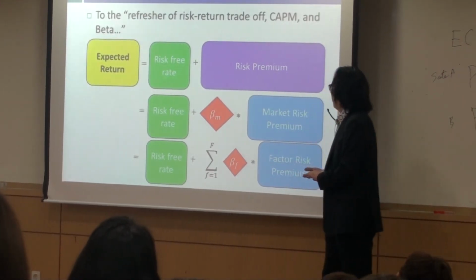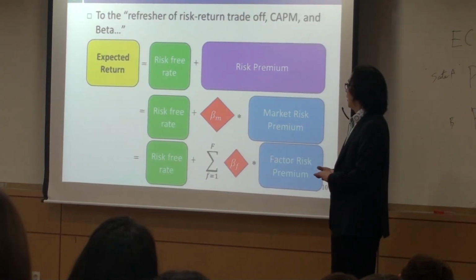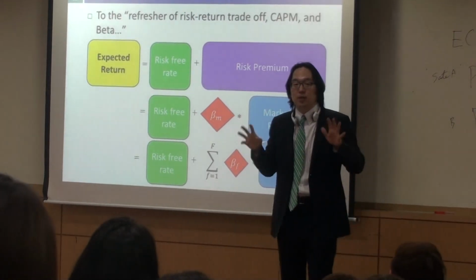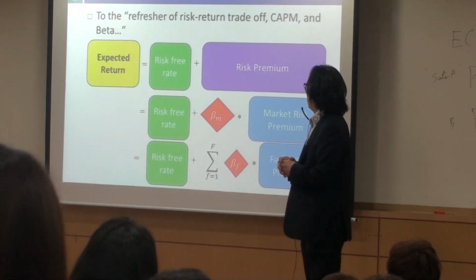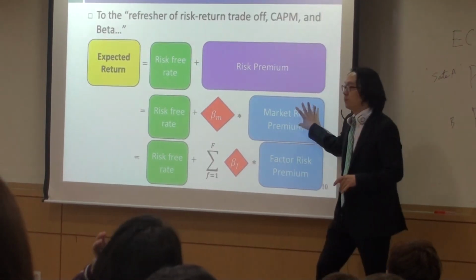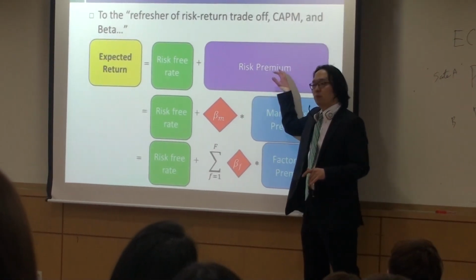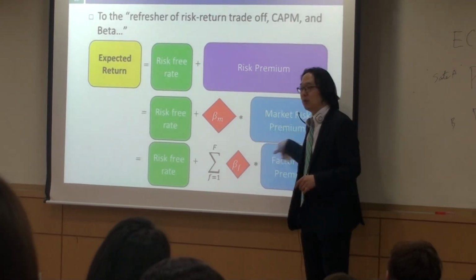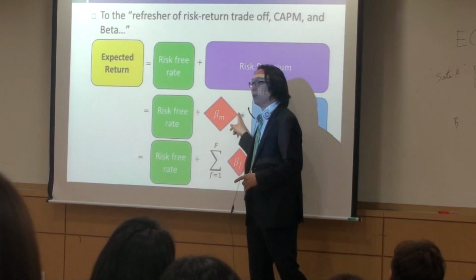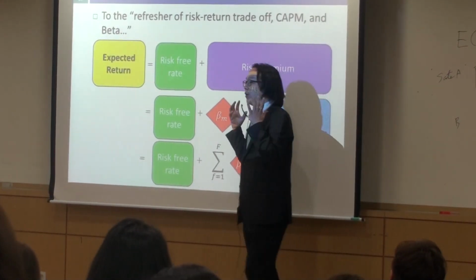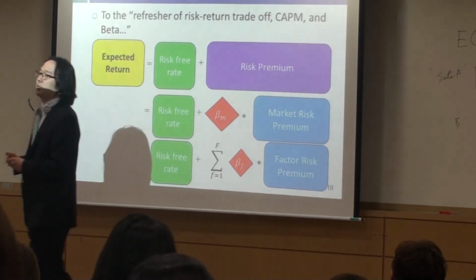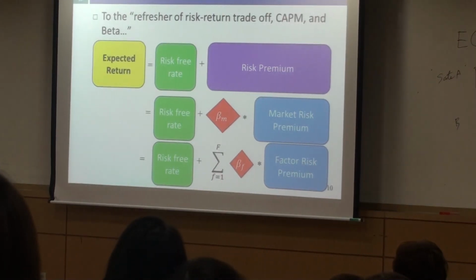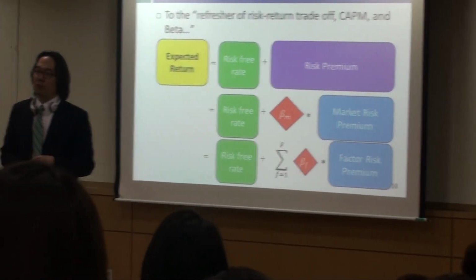In the capital asset pricing model, our grandpa asset pricing model, it works like this. Risk premium you can decompose into two parts: the market risk premium and the beta that you multiply on it. All that matters to you is the market risk. Forget about the rest; we're going to talk about what we mean by this.